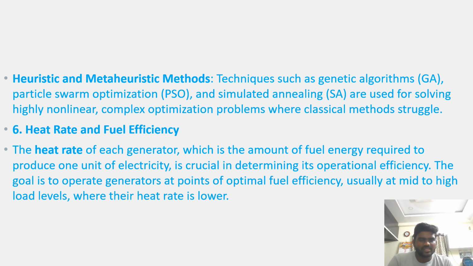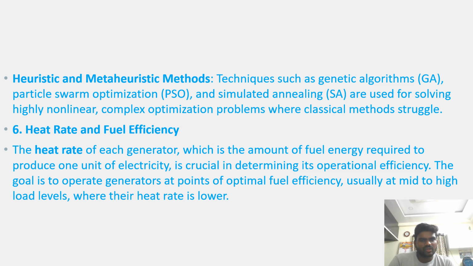Then heuristics and metaheuristics methods. Techniques such as genetic algorithm (GA), particle swarm optimization (PSO), and simulated annealing are used for solving highly nonlinear complex optimization problems where classical methods struggle.